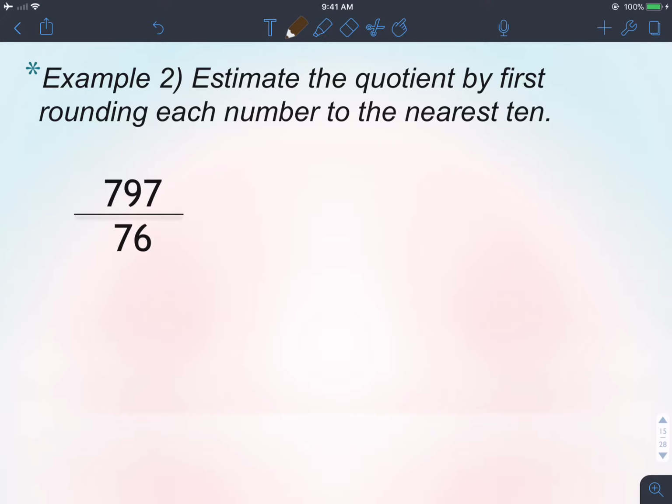Estimate the quotient by rounding each number to the nearest 10. What will it be? What did you say? 800, because it's a double rounding. 76 will go to 80.